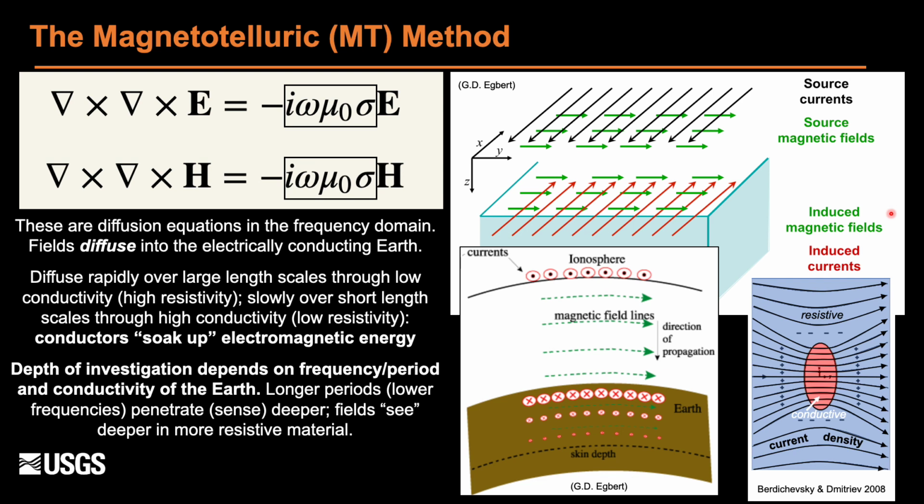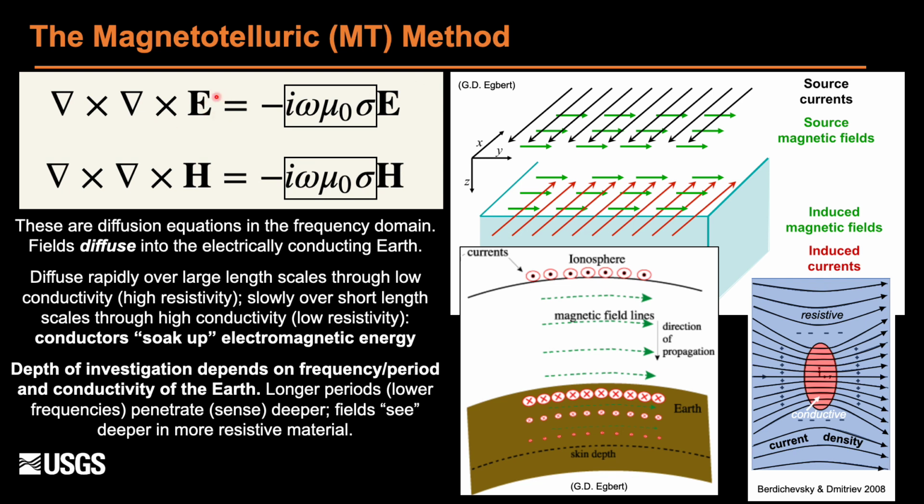If we work through Maxwell's equations for electromagnetism with the nature and geometry of the source fields in mind, then we end up with these partial differential equations on the upper left that we have to solve for the fully three-dimensional MT problem. Note that these equations have been transformed into the frequency domain, with omega as the real angular frequency. In MT, we always work in the frequency domain for reasons that will at least partially become clear momentarily.